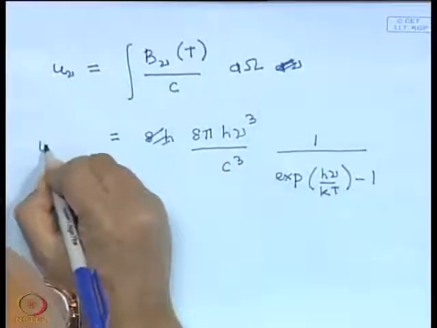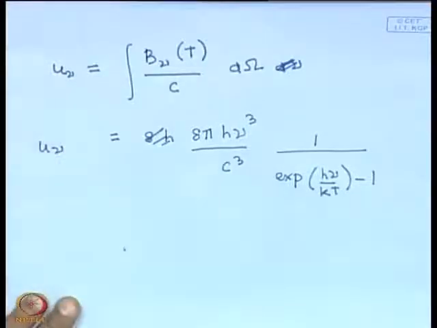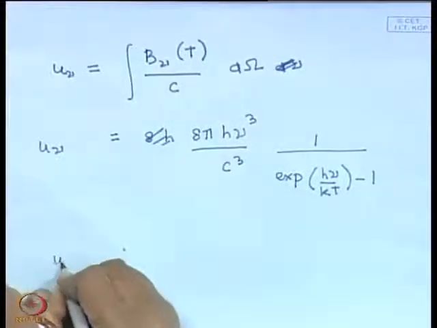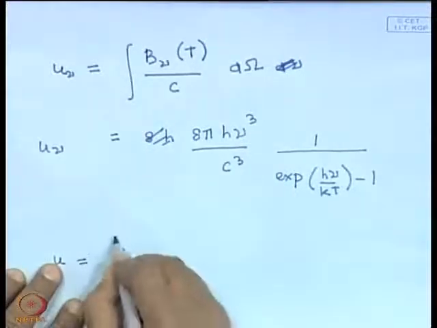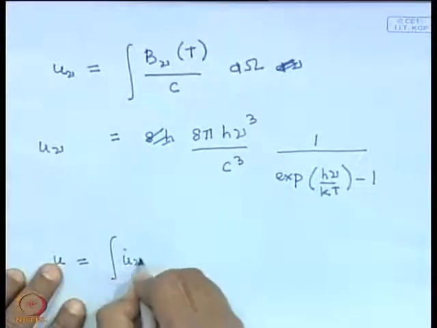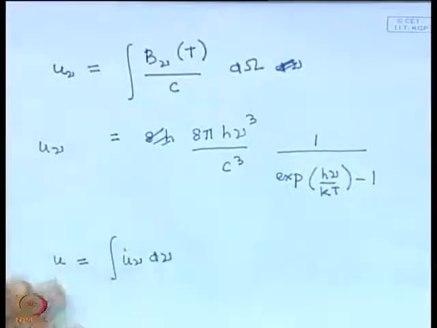So this is the energy density at a frequency nu in the black body spectrum, and to calculate the total energy density integrated over all frequencies, I have to integrate this over all frequencies. Okay. To do that, it is convenient to introduce a new variable. Let us call that variable x.